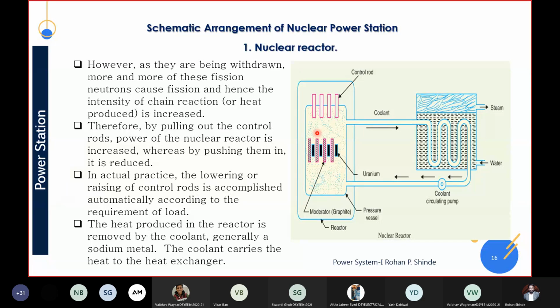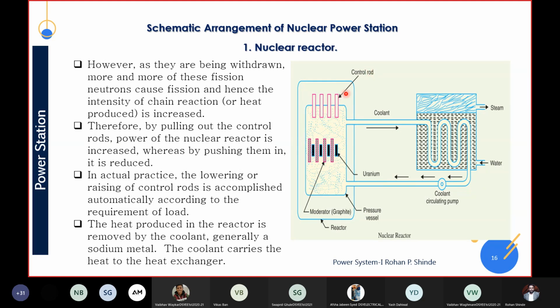Now see here, whenever there is fission caused by neutrons, the intensity of the chain reaction increases. So if we have to control the intensity of the chain reaction, we have to pull out the control rods. So the power of the nuclear reactor is increased, whereas by pushing them in, it will reduce.